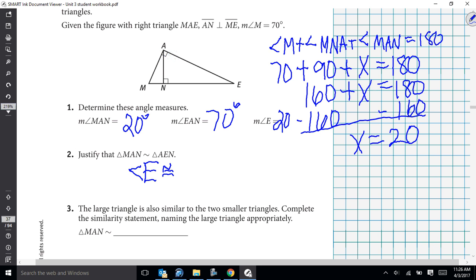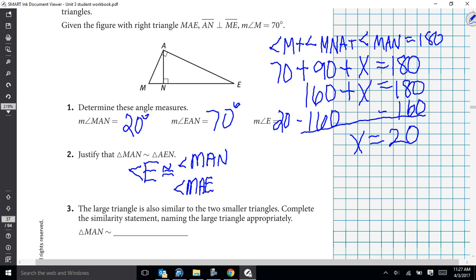So what's the proper name for angle A? Just this part. MAN. Alright, so angle E is congruent to angle MAN. What other angle?